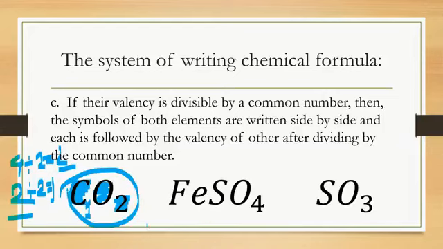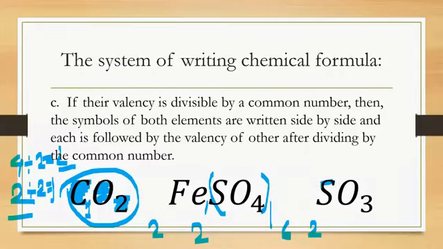Iron sulfate. The valency of iron is 2, and the valency of sulfate is 2. When we divide by 2, it is 1. So Fe1, SO4 is also 1. 1 doesn't need to be written. In sulfur trioxide, the valency of sulfur is 6, but the valency of oxygen is 2.